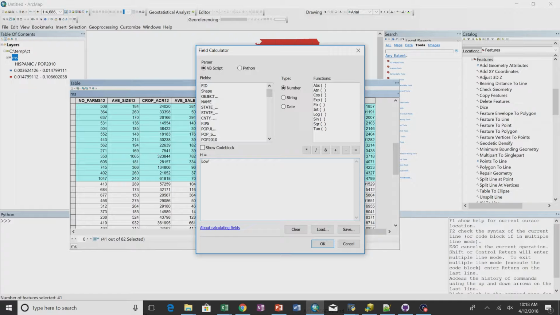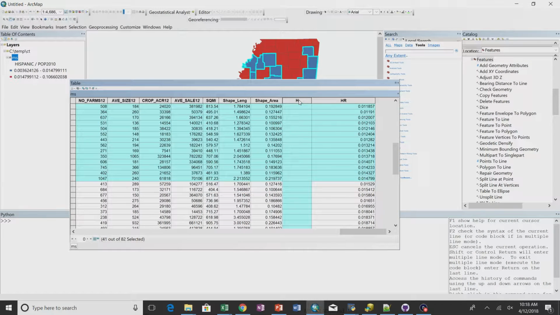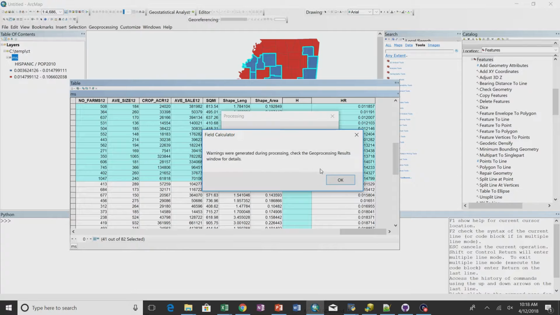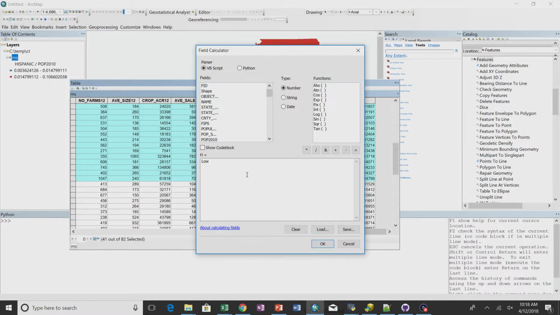So now I can just say low for the lower values. Field calculator. It's double quotes. Python lets you use single quotes or double quotes.